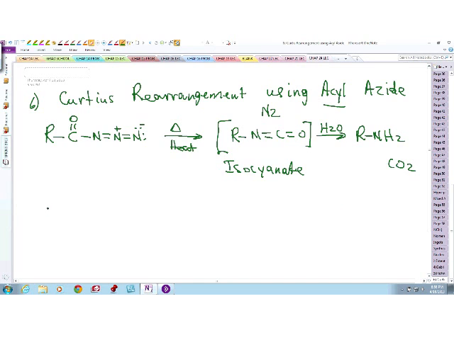Okay, so therefore, if I have this acyl azide, I apply heat. I get the isocyanate.